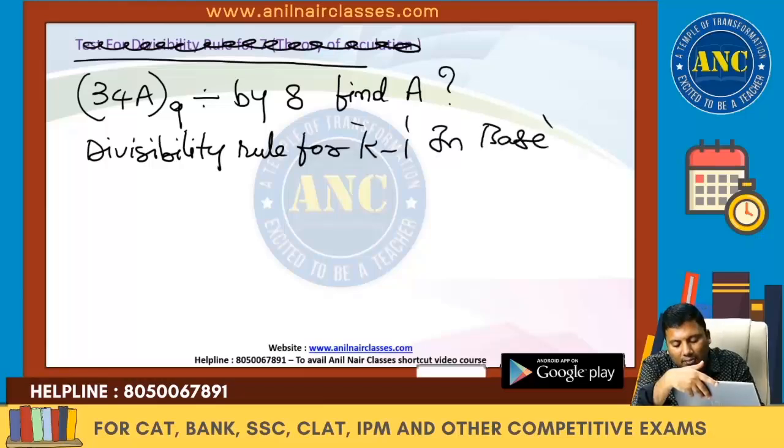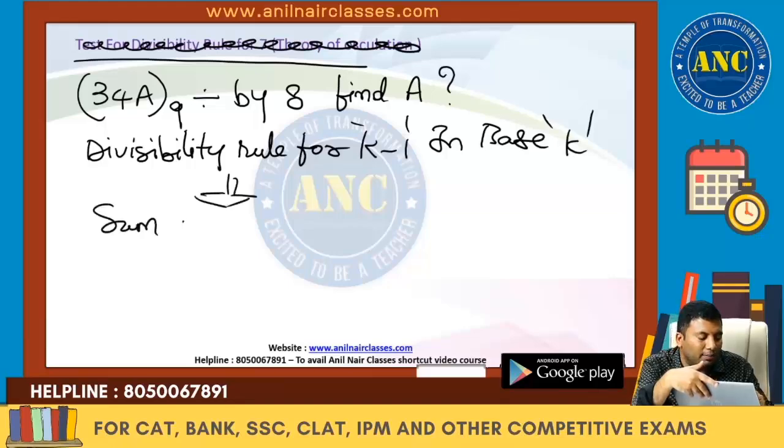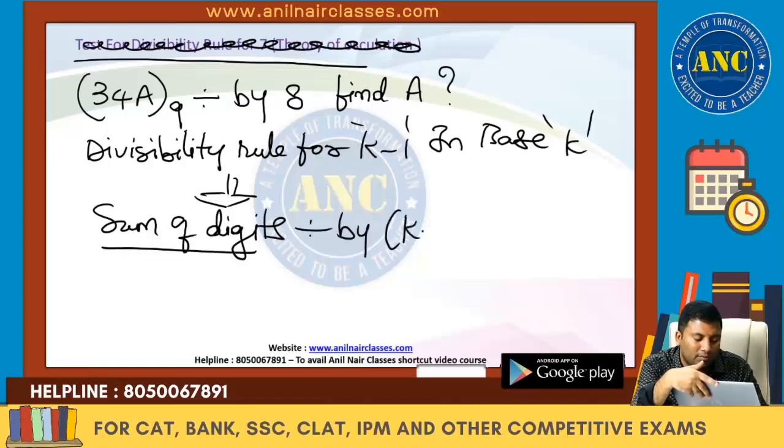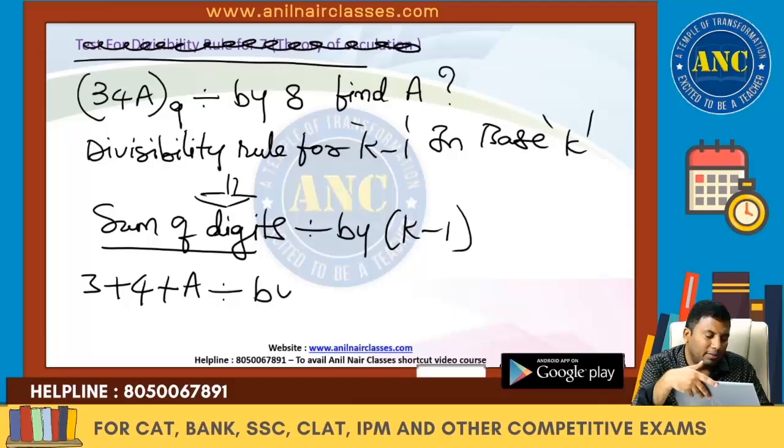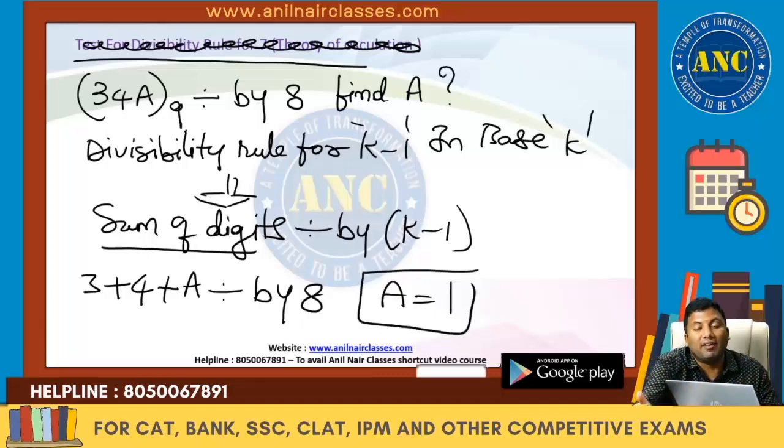The sum of the digits should be divisible by k minus 1. 3 plus 4 plus a should be divisible by 8 in base system 9. 7 plus a should be divisible by 8. What is the value of a? 1. I hope you got the idea.